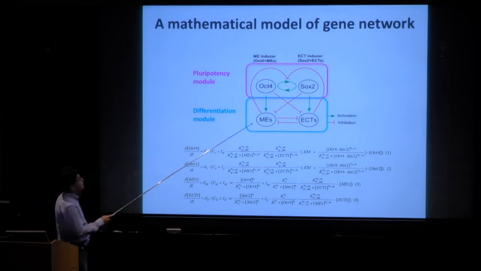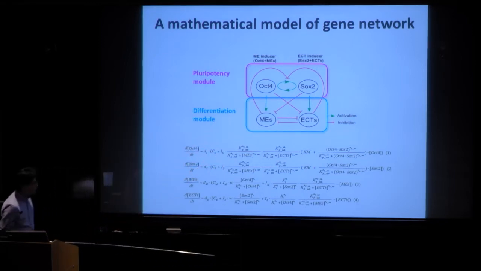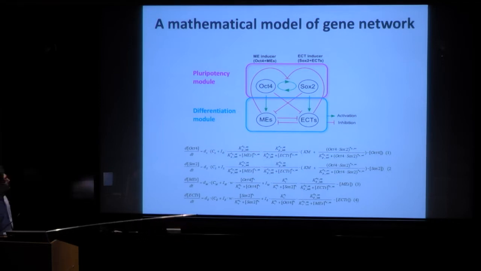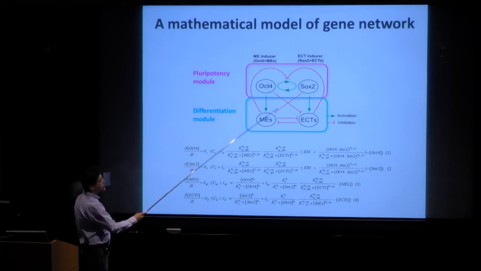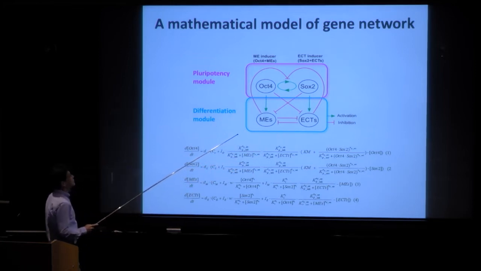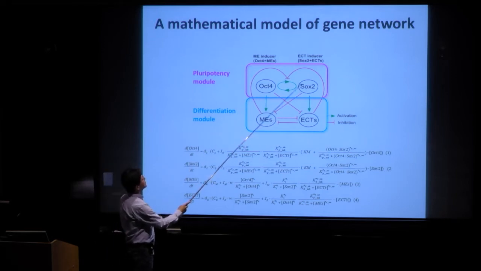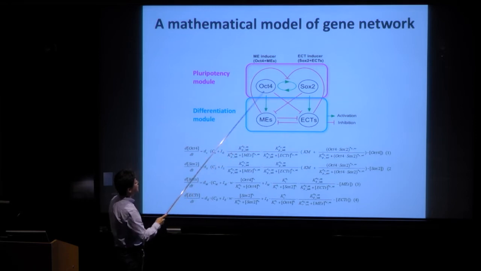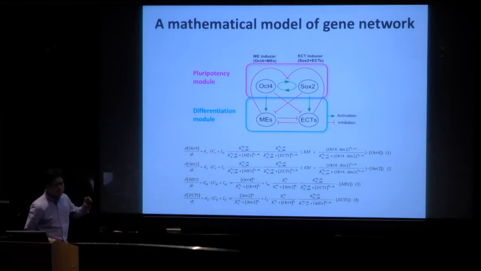So then we wrote down a dynamic model using their data and their intuition, their understanding about the relationships in the circuit. So it's essentially 4 degrees of freedom. You have 2 important stem cell genes, and we know they are co-activating each other. They're enhancing each other. Okay. And then one gene is actually a group of genes representing one cell fate.